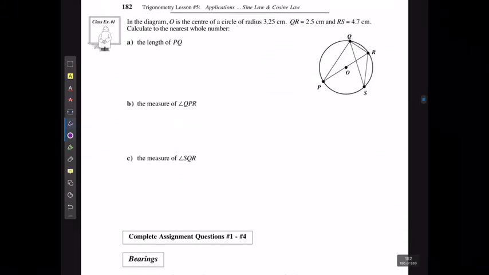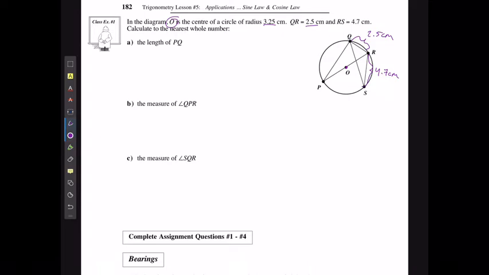Okay, so in the diagram, O is the center of the circle. It has a radius of 3.25, and the length QR, so this length here, is going to be 2.5 centimeters, and the length R to S is going to be 4.7 centimeters.